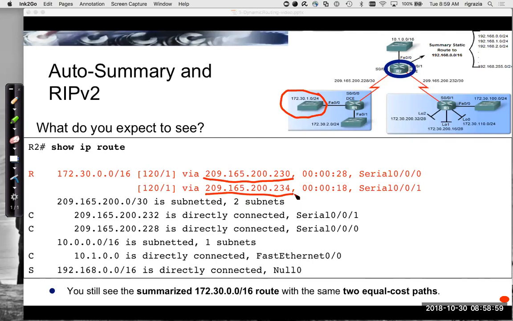So depending upon how the switching is done, whether it's process switching, fast switching, or CEF, there is the potential for one packet going one way for this destination, another packet going the other way, and so on. That causes all kinds of problems because the device at this end is only going to receive every other packet.